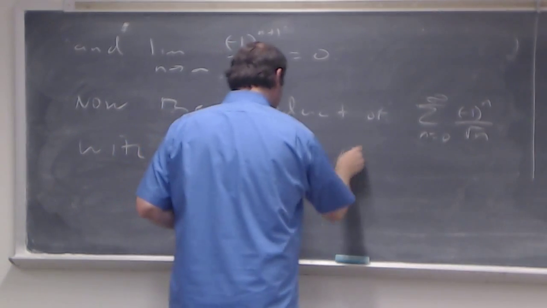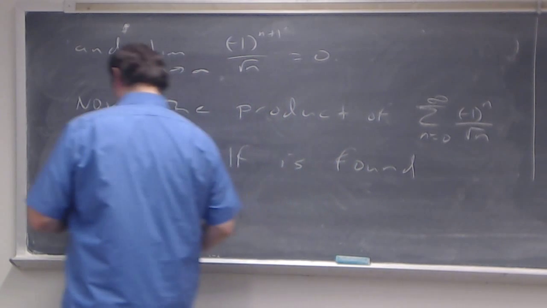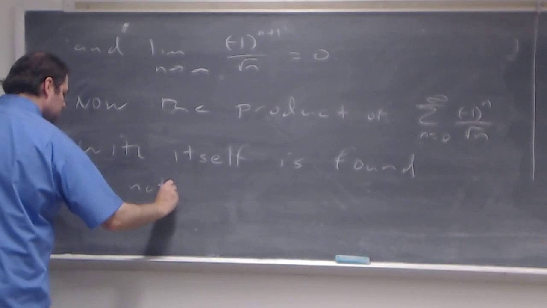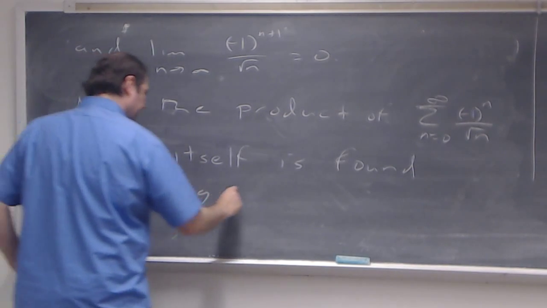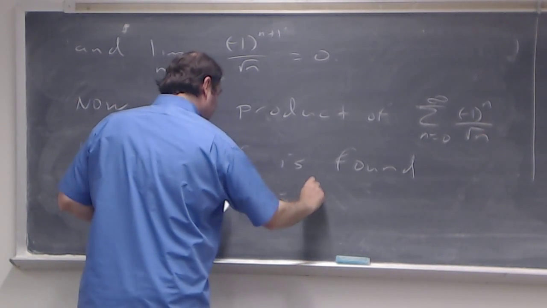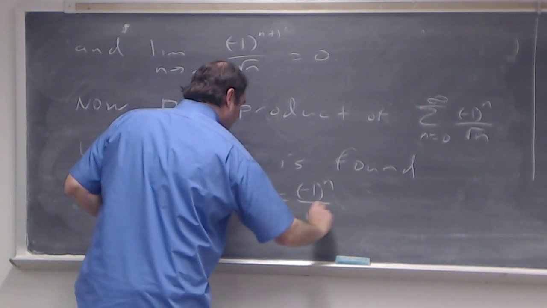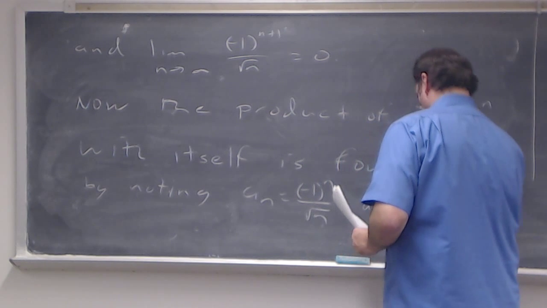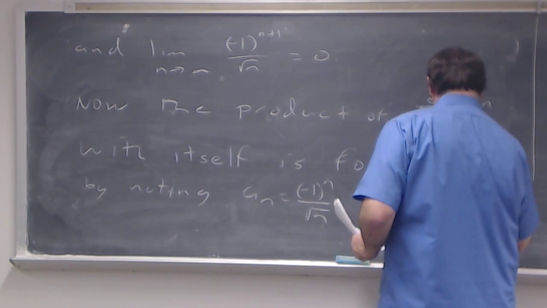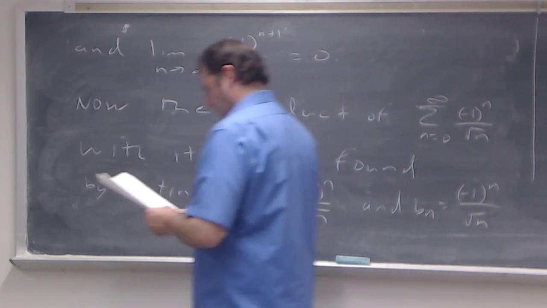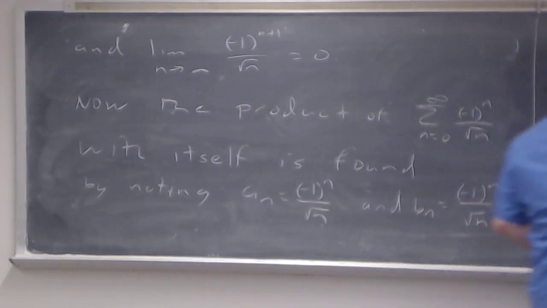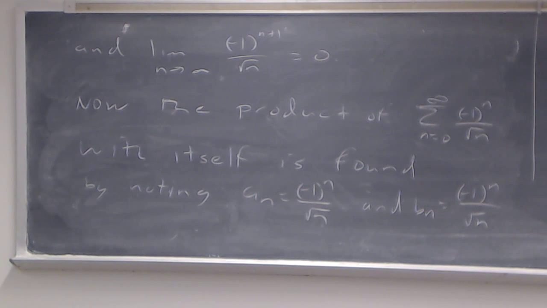It is found by noting that a sub n is equal to (-1)^n over the square root of n, and b sub n is equal to the same thing. Okay. So we need to look at the c sub n terms that we're going to be adding.